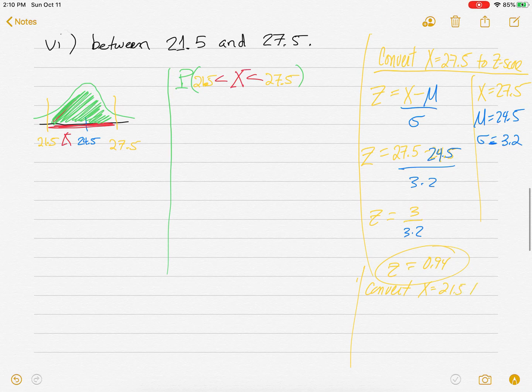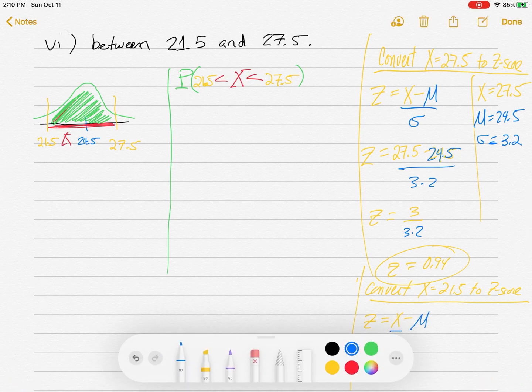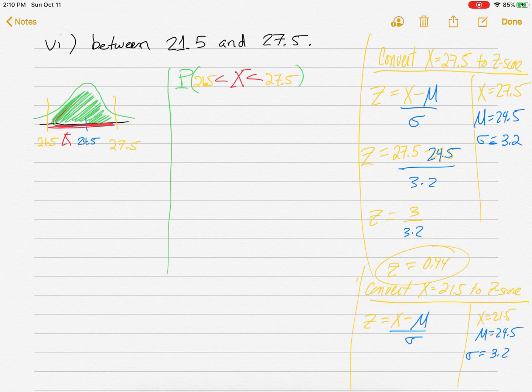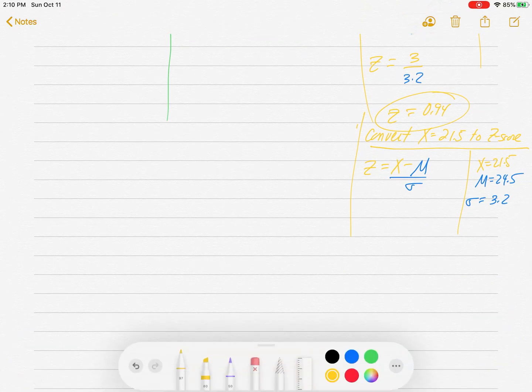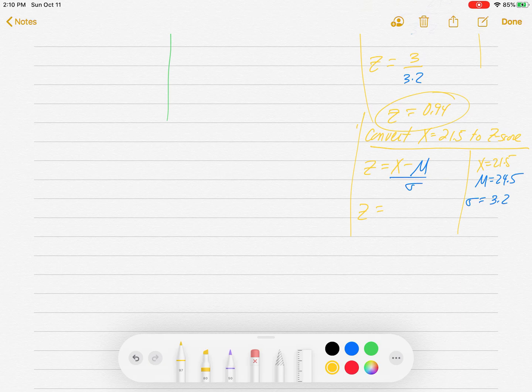Now let's convert X equals 21.5 to a Z-score. So I got Z equals X minus mu divided by sigma. X is 21.5. Mu is the mean, 24.5. Sigma is the standard deviation of 3.2.